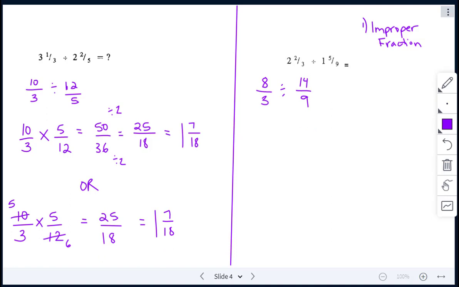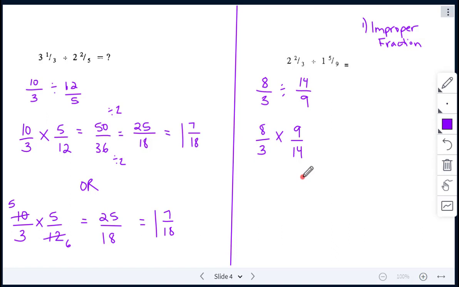All right, so from here, our next step is we're going to rewrite our first fraction. The second fraction, we have to flip it, so it becomes 9 over 14. All right, and then we would multiply.